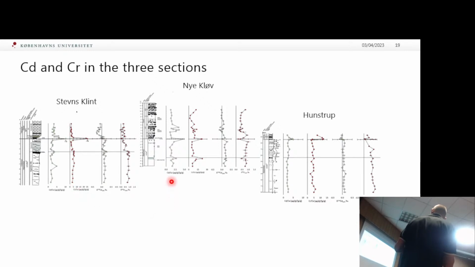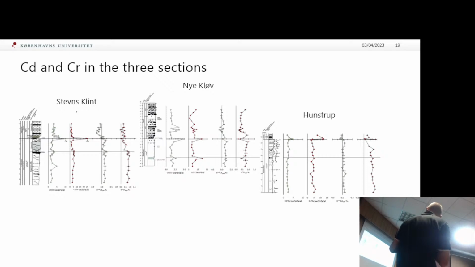We have the Cerithium here, which is a little special, but the rest is actually very homogeneous. Regarding the isotopic composition, we can see that it's the same. However, we have some small fluctuation in Stevns, but this is because this bed is more rich in organic matter.